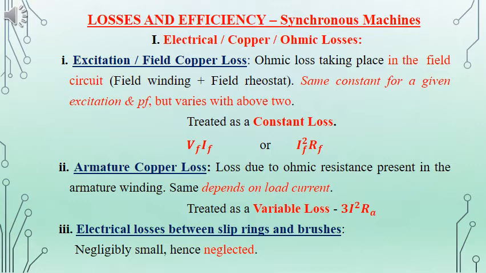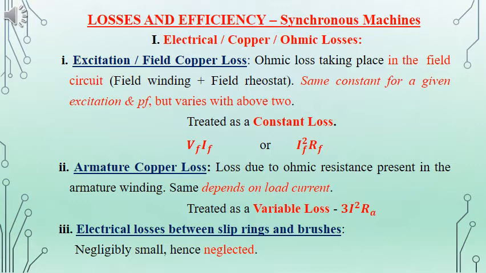First of all, we will discuss the electrical losses, that is the copper loss. In the case of electrical losses, we will have to consider the field copper loss, armature copper loss, as well as the electrical losses that can happen between the brushes and slip ring in the case of a synchronous machine.